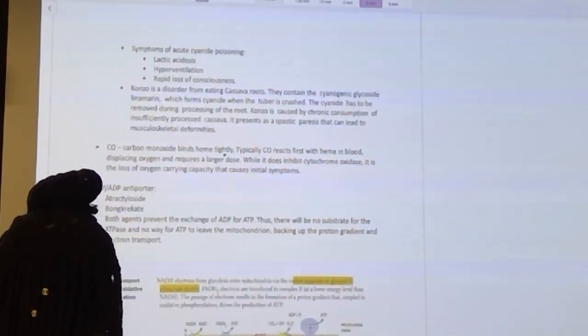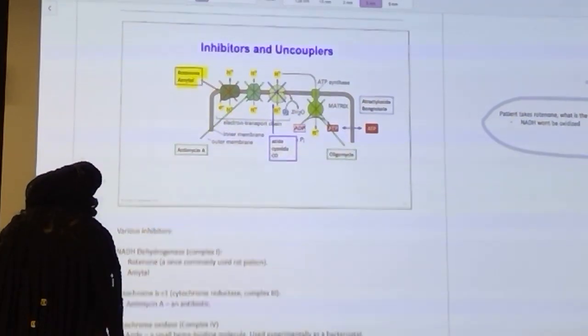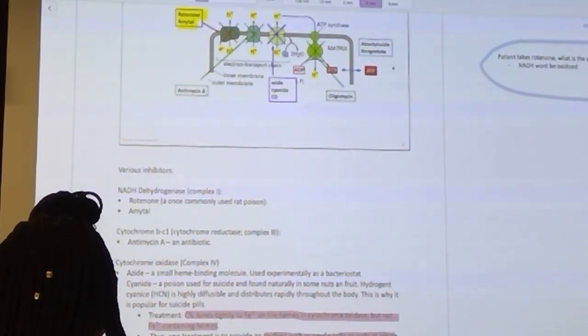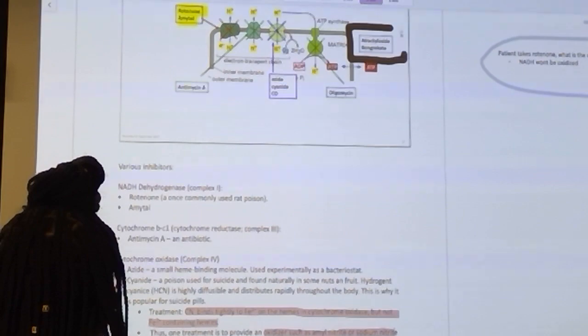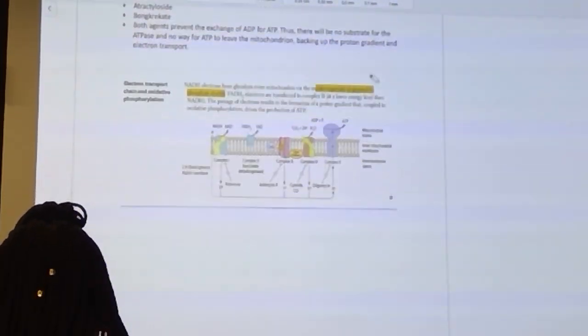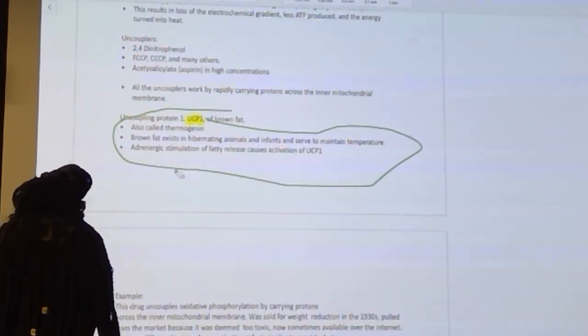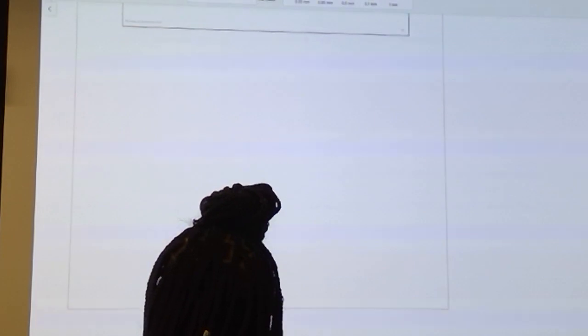And just know about the uncoupling protein. This is what your brown fat does to make you warm. Any questions?